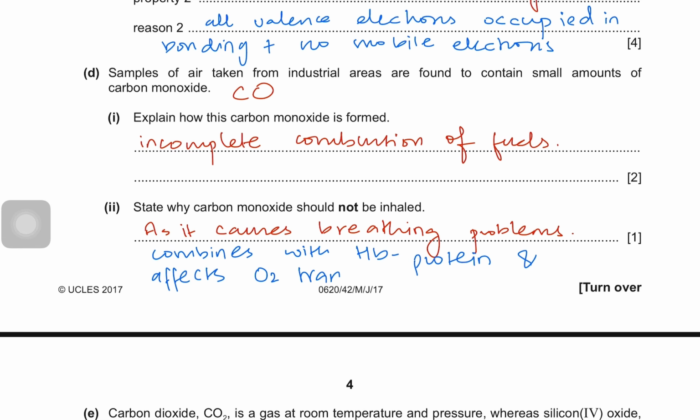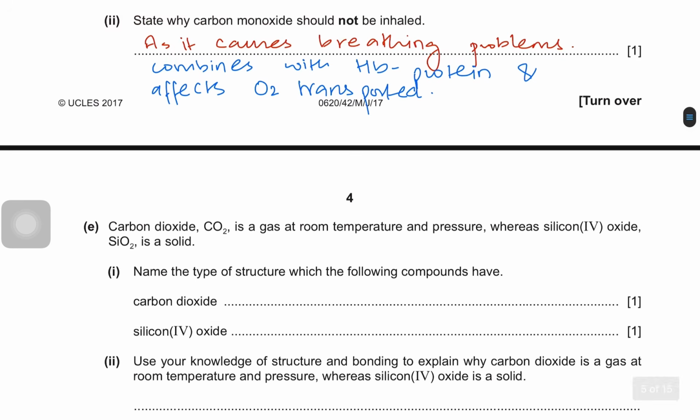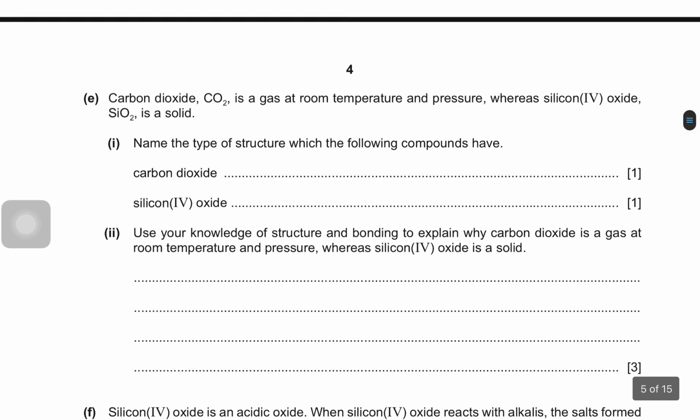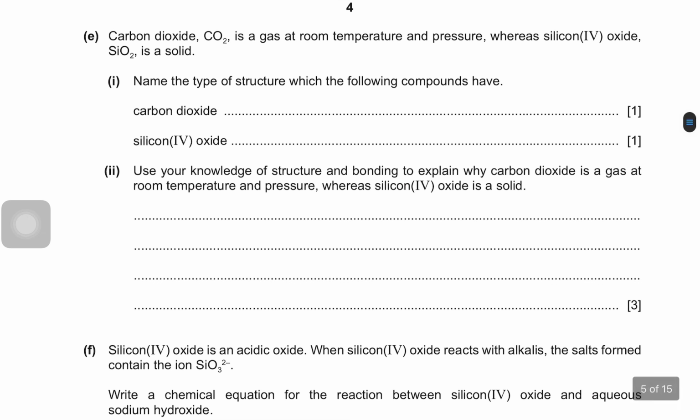In your body, oxygen has to be transported to tissues for your muscles and body tissues to respire. But if carbon monoxide is there, it compromises the oxygen transport. Carbon monoxide is a gas at room temperature and pressure, whereas silicon is a solid.